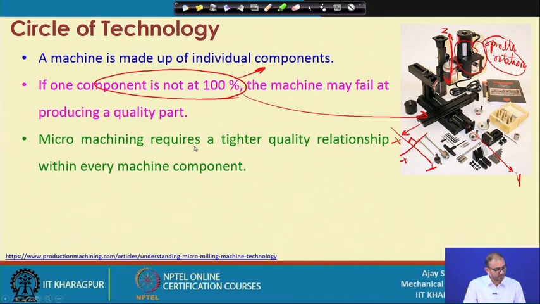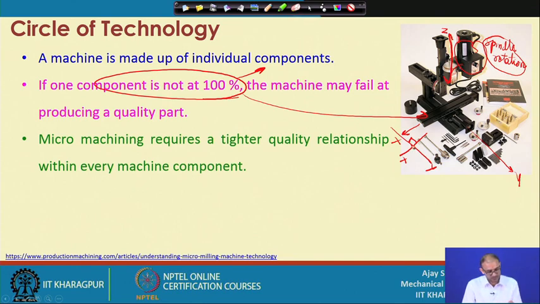So, micro machining requires a tight quality relation within every machine component. That is what we have seen here, that even a few microns of movement or disturbance between the different things is enough to destroy or reject the component which you want to take from this micro machining center. So, that is why you have to be very careful in getting this done.